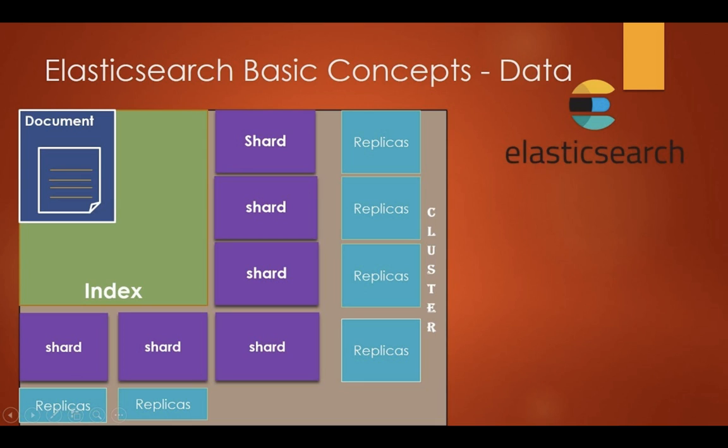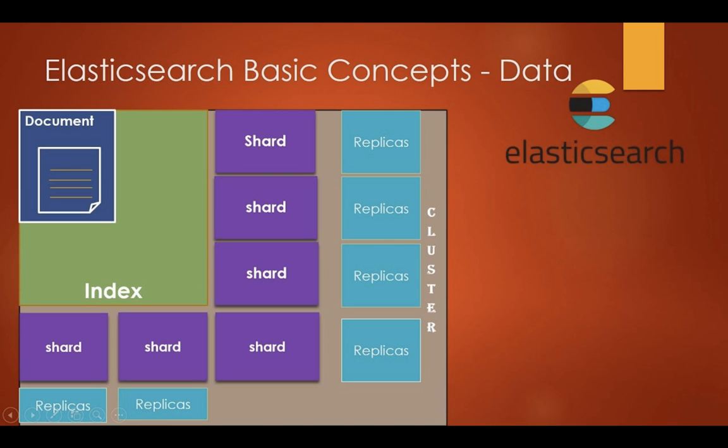So let's see what are the basic components of Elasticsearch. Elasticsearch has some new terminologies like index, document, cluster, shard, and replicas. When you create an Elastic server, you create a cluster of Elastic servers, which is a combination of multiple nodes.